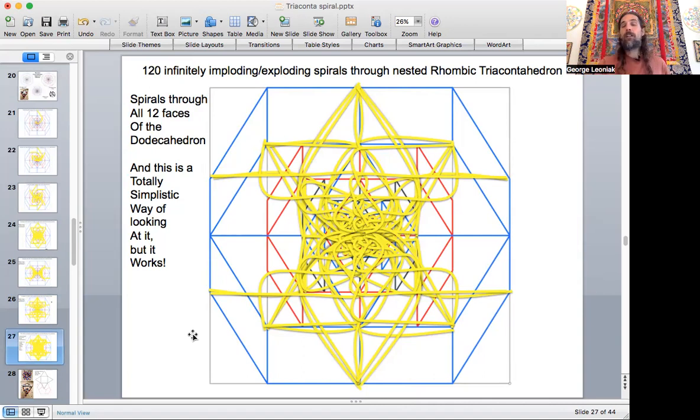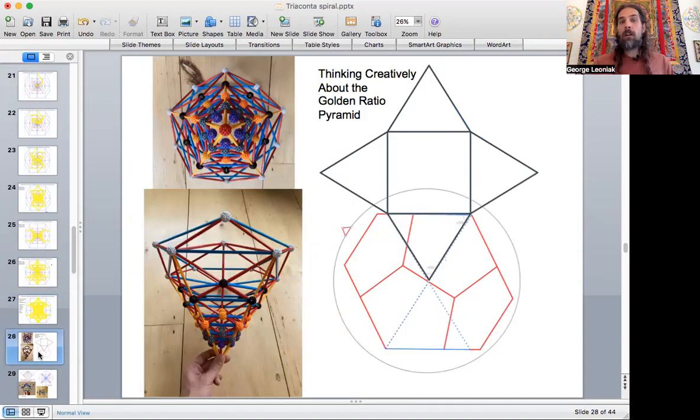And like I said over here on the left, my little disclaimer is this is a totally simplistic way of looking at it, but it worked with the geometry. And I wish I could have done the line drawings here more precisely. But we're going to keep going, because why I'm showing you that is that I really don't know, and this is an open-ended question for people who are into the Kathara Krystal Spiral, how the spiral relates to the octahedron if it does, and to the cube.